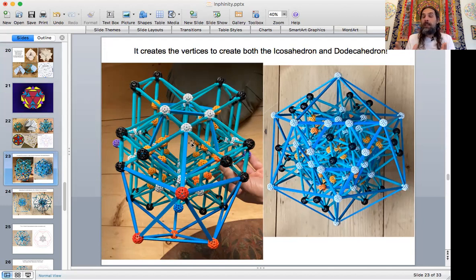It just provided it, right? With the regular cuboctahedron, like the jitterbug, which is over there, you have to crank it to the side, you have to twist it in order to get the vertices of the icosahedron and the dodecahedron. But if it's just like this and isotropically going off in every direction, there's no vertex in this that's going to give you the golden ratio. It's just the same edge length everywhere.